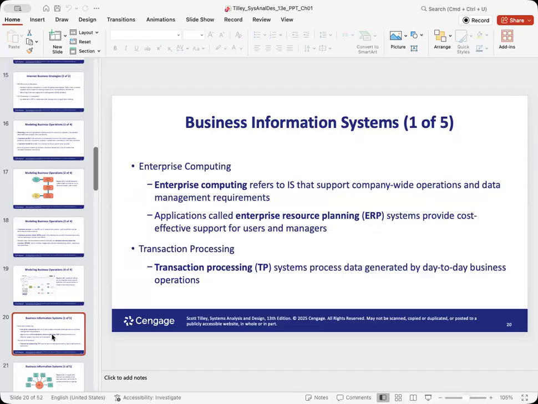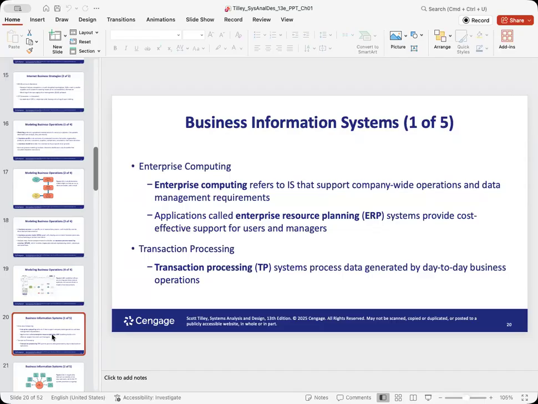Enterprise computing has what we call enterprise resource planning, or ERP. Whether you've heard of it before or are hearing it for the first time today, an ERP is an application under enterprise computing that provides cost-effective support for users and managers.